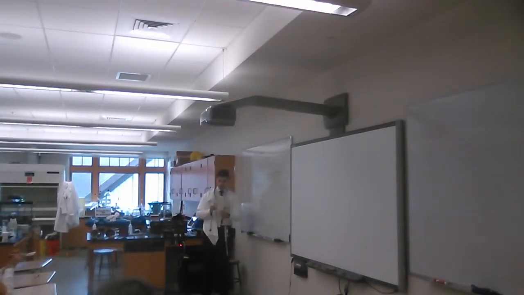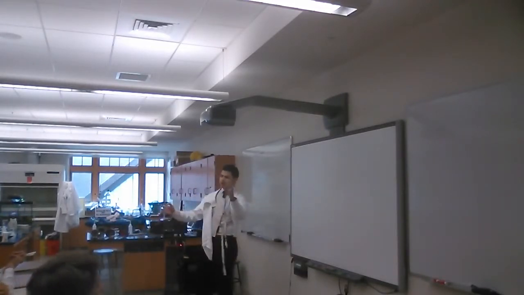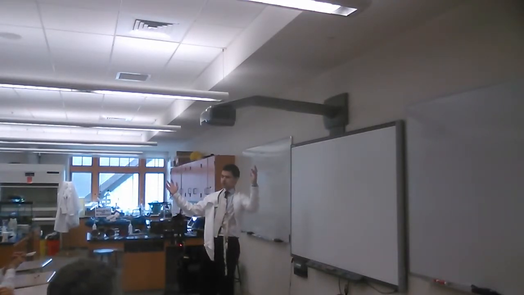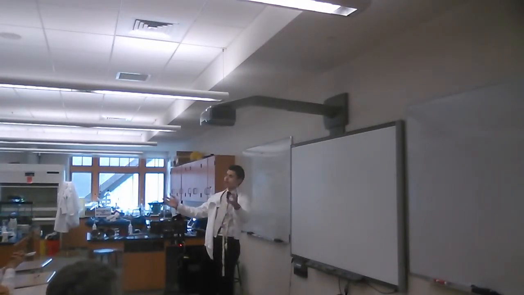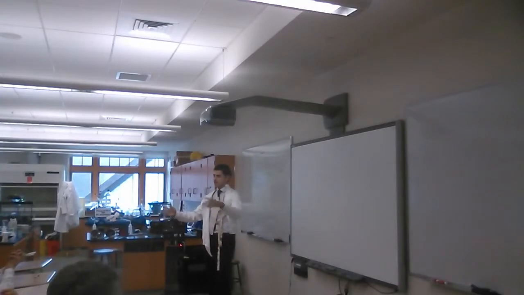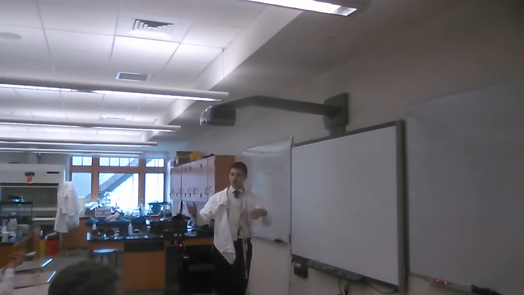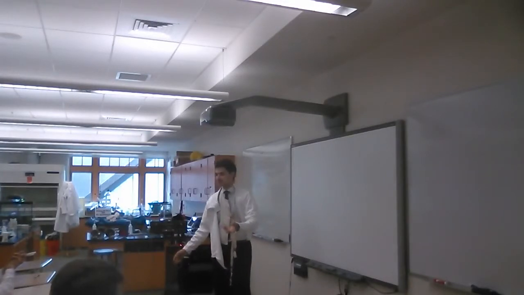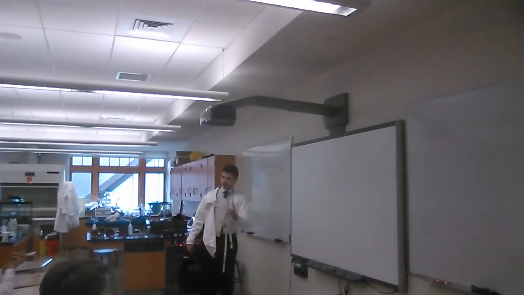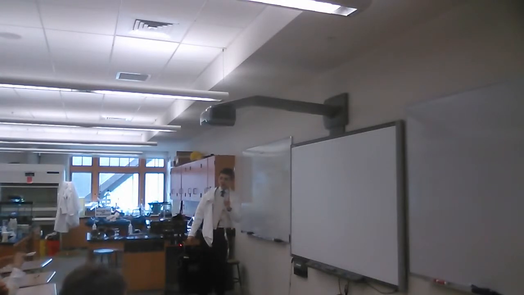Current, the way we denoted it from the time of Benjamin Franklin, was that he decided, before he knew about the charged particles, that current flows from the positive end to the negative end. So we based everything we know about electricity on current flowing from positive to negative. Guess what? He was wrong. Ben Franklin was a smart guy, but even smart guys make mistakes.